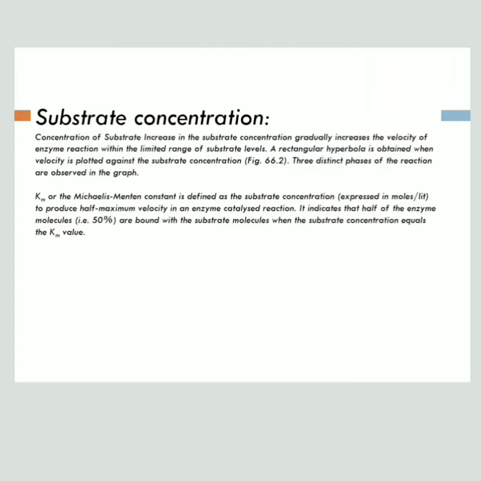This is defined by the Michaelis-Menten constant, which we call Km. It is defined as a substrate concentration, expressed in moles, used to calculate the enzyme kinetics, that is the reaction rate, how the enzyme is binding with the substrate and how it is converting into the product. We want to know that, so we call it the Km value, a constant value for producing the product.